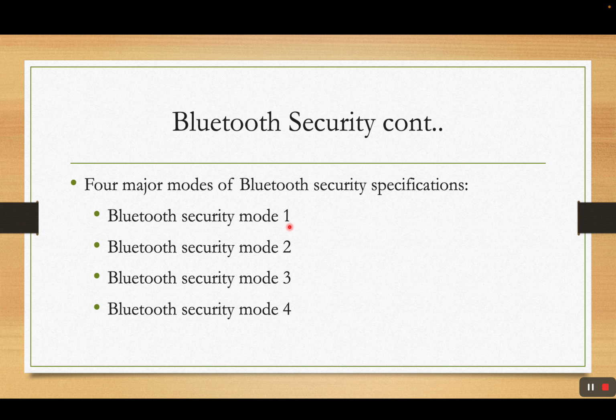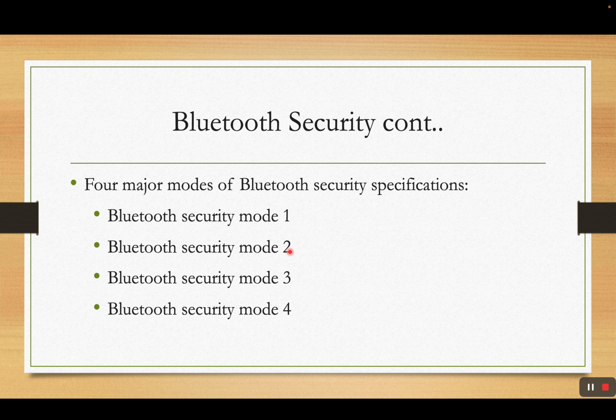Devices in this mode connect without any authentication and encryption, making them vulnerable to hacking and unauthorized access. It also does not verify device authorization, which means it could compromise the confidentiality of the connection.